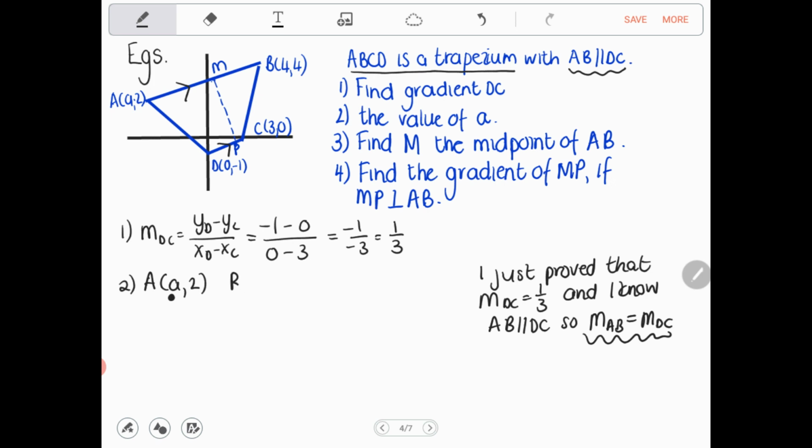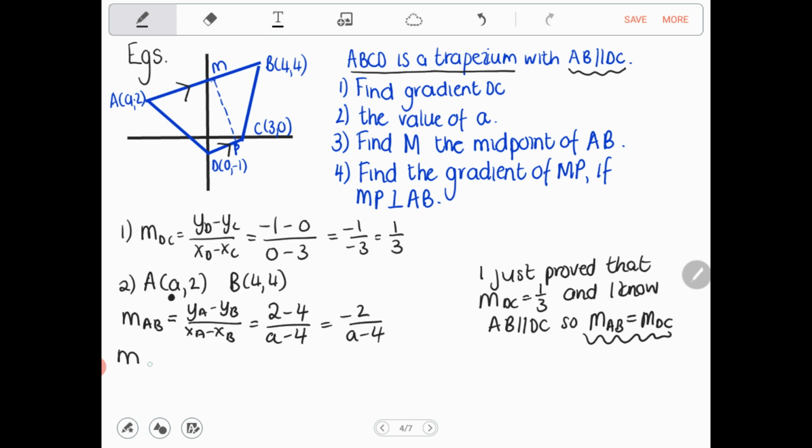Okay, so here's A and B. So the gradient of AB is equal to the y at A minus the y at B over the x at A minus x at B. So it's going to be equal to 2 minus 4 over A minus 4, which gives you -2 over A minus 4.